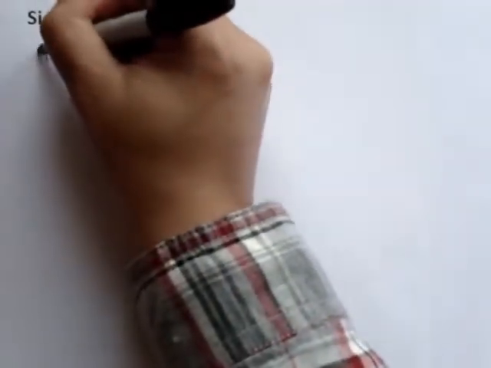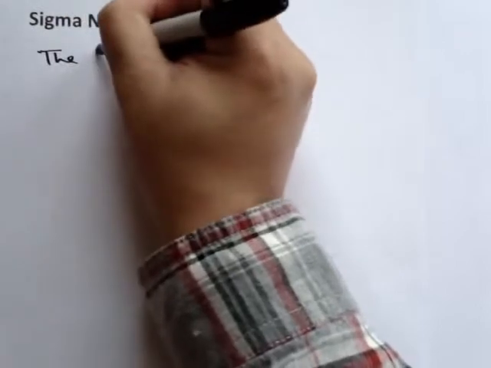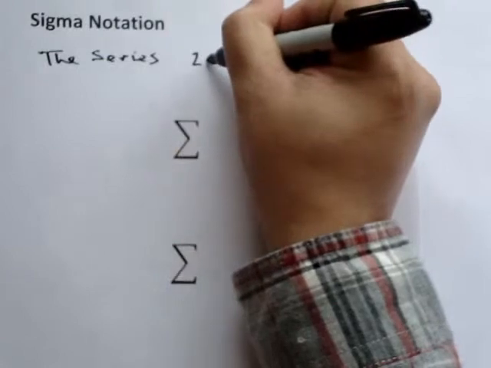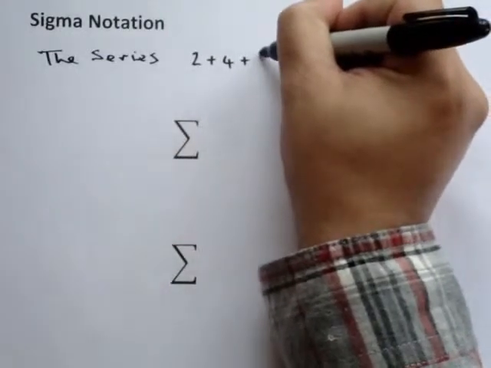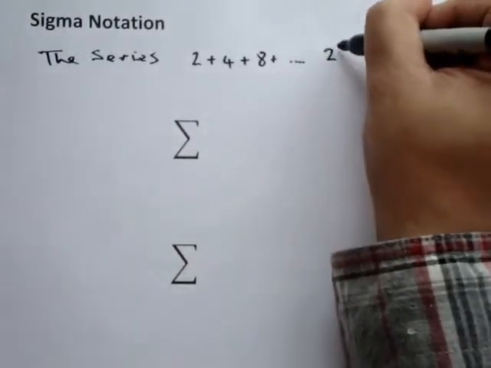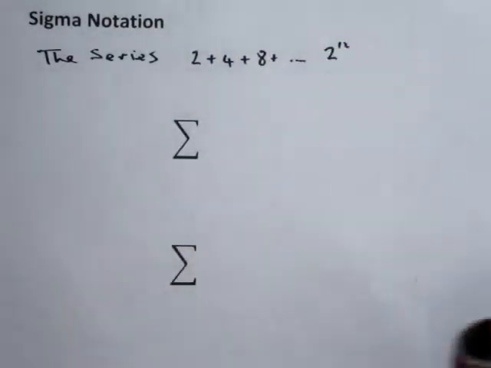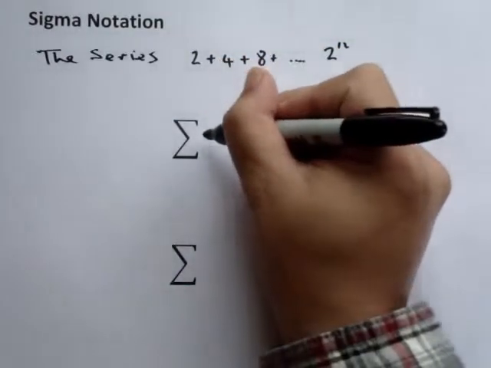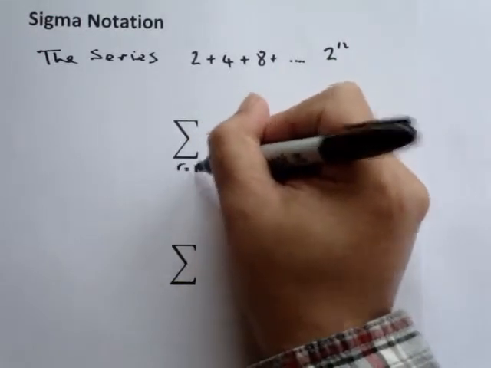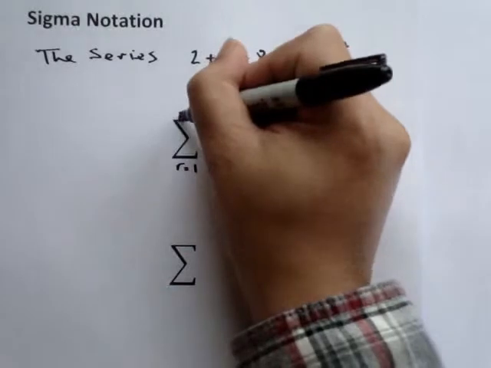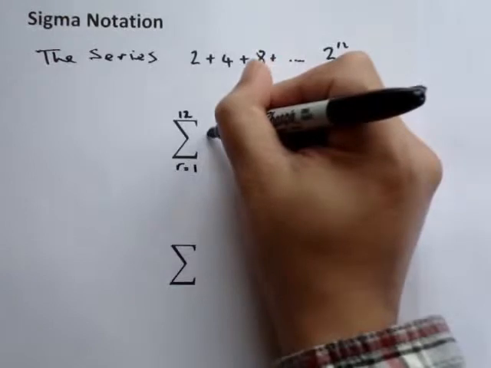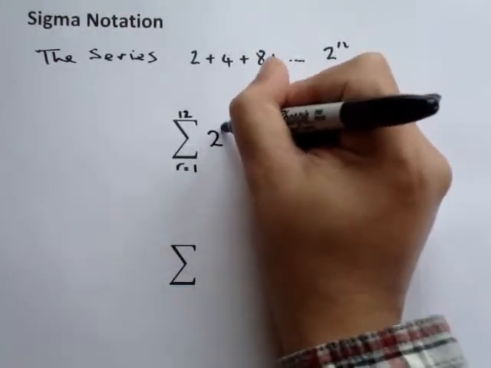So if we have the series 2 plus 4 plus 8 plus, I'm going to go up to 2 to the 12, we can write this in shorthand using this sigma as r equals 1 as the lower limit, 12 as the upper limit, and then our general term would be 2 to the r.